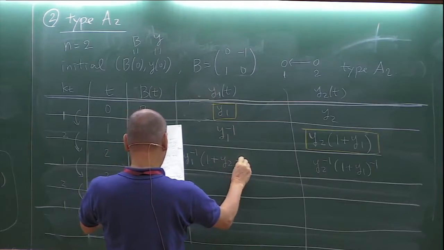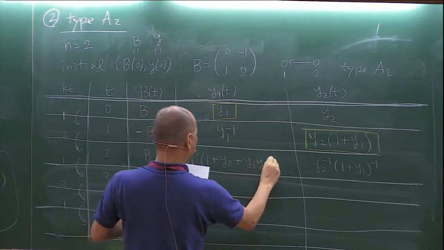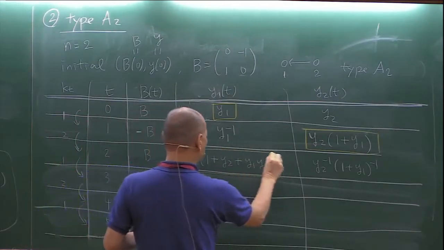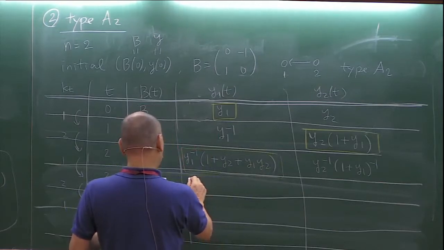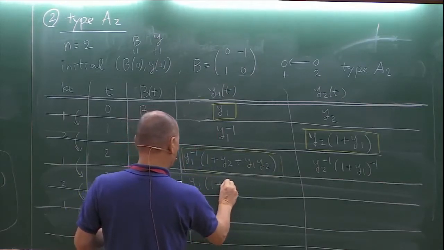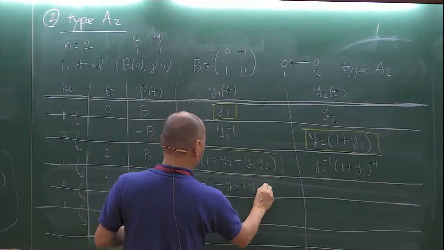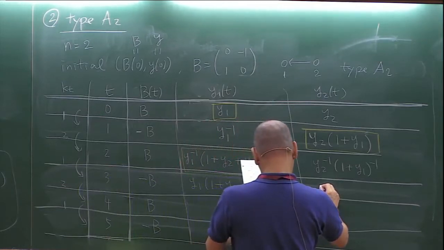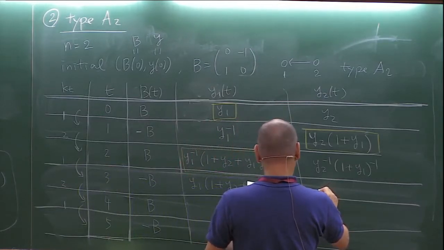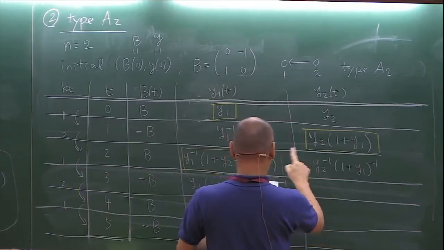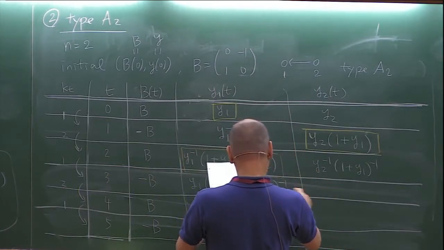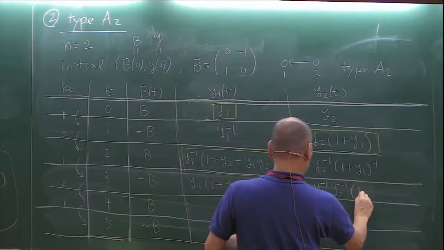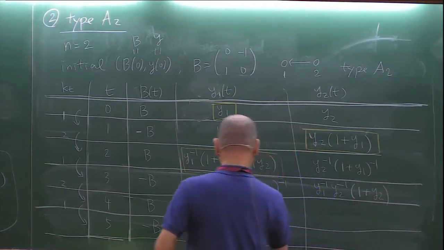And after some calculation, you get this formula. Yeah, and so on. You make a mutation to this one. You get y1, this is inverted, so y1, y2 inverse, 1 plus y2, and so on.